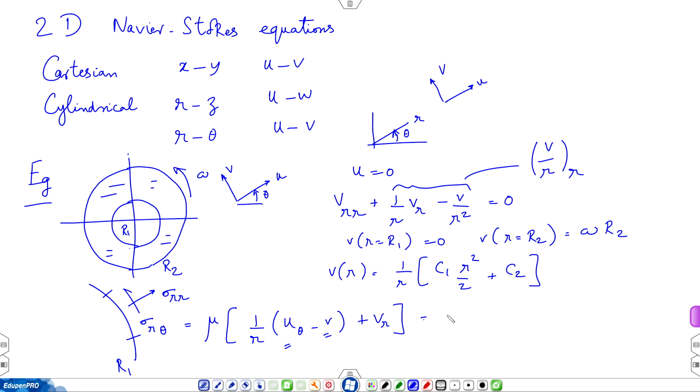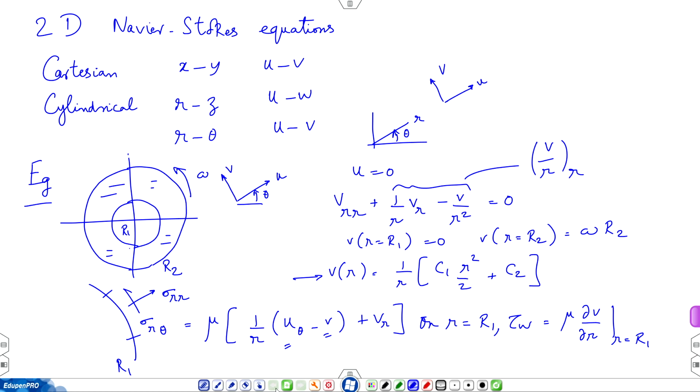So, you are left with, on r equal to r1, sigma r theta is given a symbol tau wall, which is sigma r theta at r equal to r1. So, this is equal to mu times the derivative at r equal to r1, where V is the solution given.